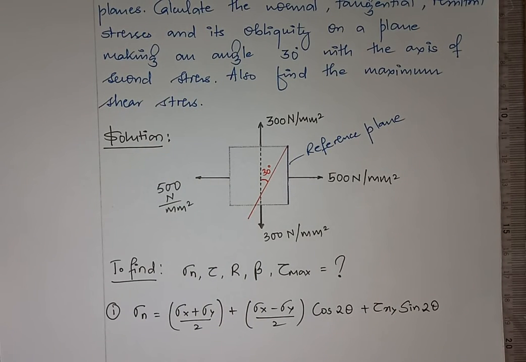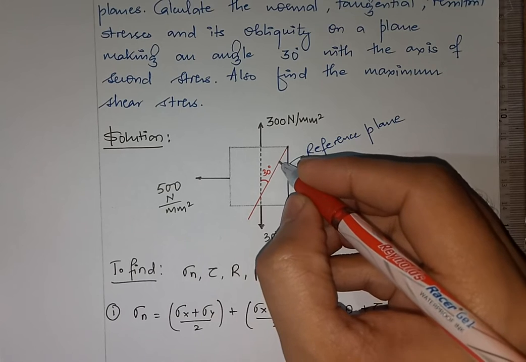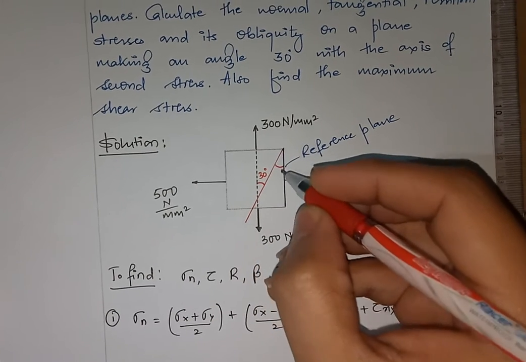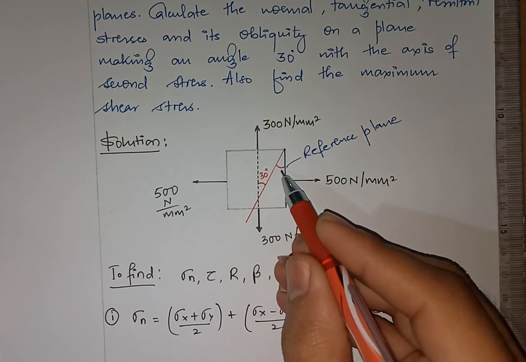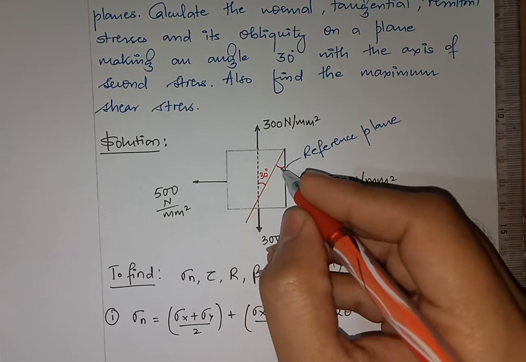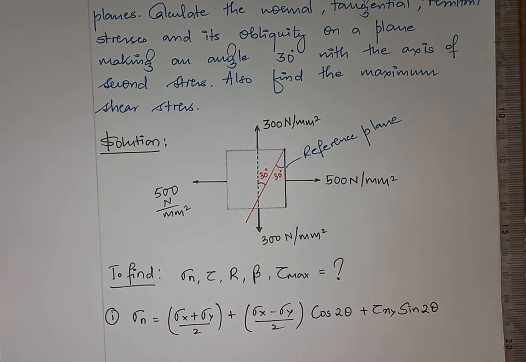Now if I take this as my reference plane, what will be the angle made by the oblique plane with respect to the reference plane? Now I hope you understand what I mean by alternate angles. This angle and this angle are alternate angles, so even the value of this will be 30 degrees.